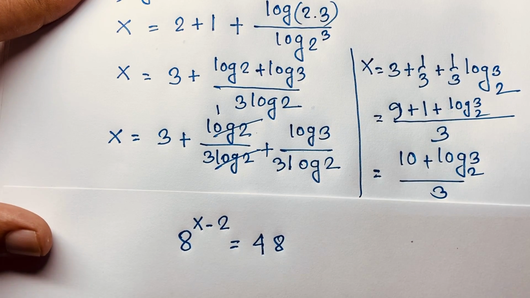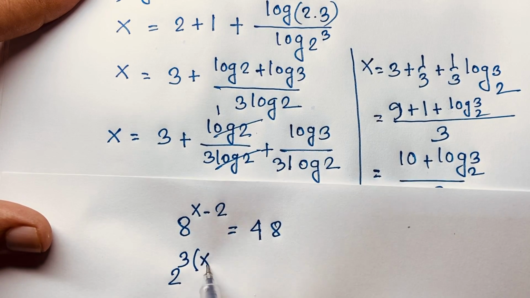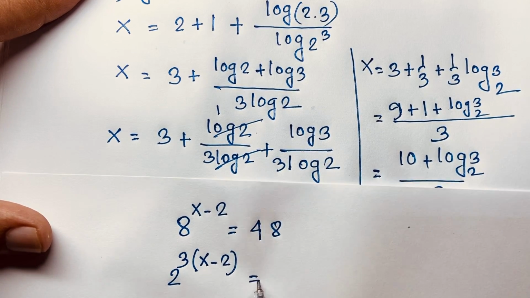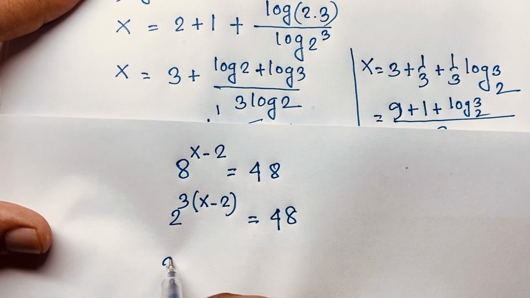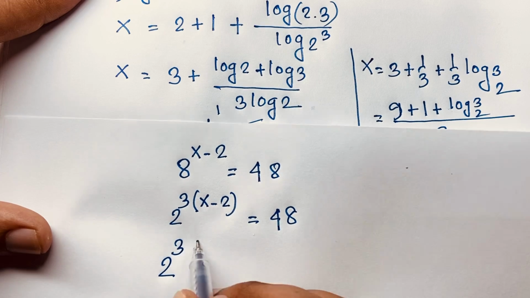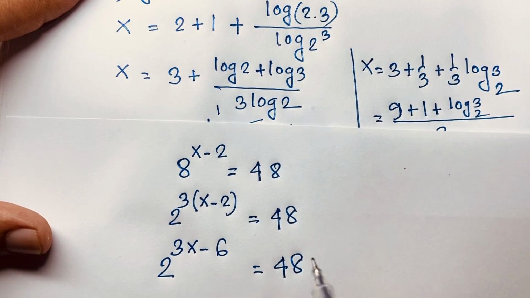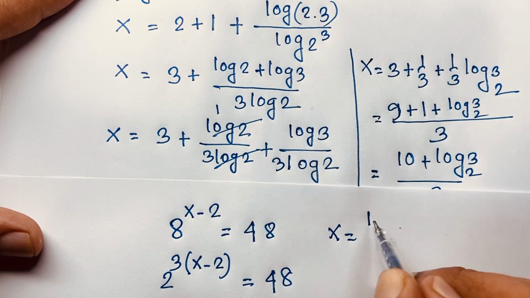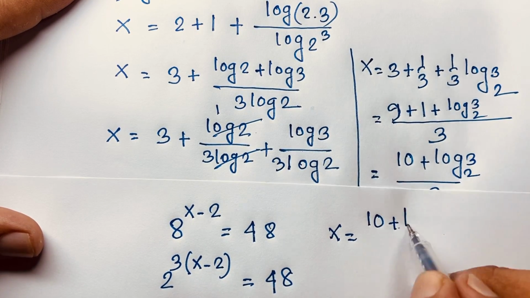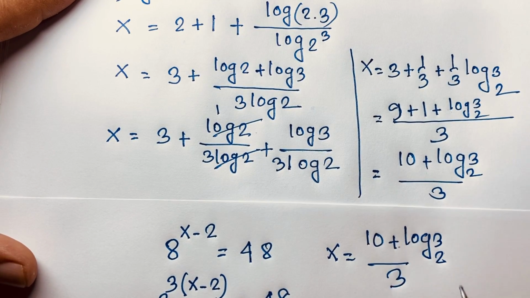We know that 8 is 2 to the power 3. So I take 2 to the power 3, to the power x minus 2, is equal to 48. Now 2 to the power 3 times x minus 2 is 3x minus 6 is equal to 48. But recall, x is 10 plus log 3 base 2 over 3. This is the value of x.